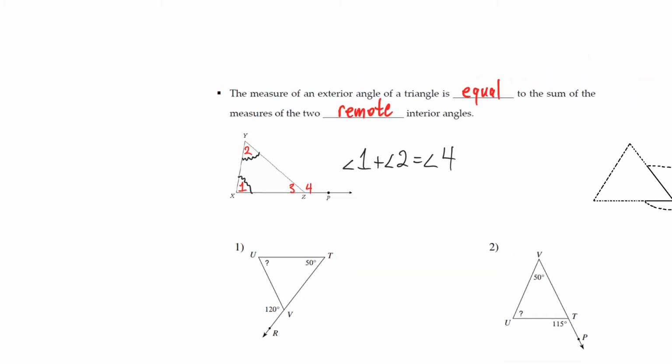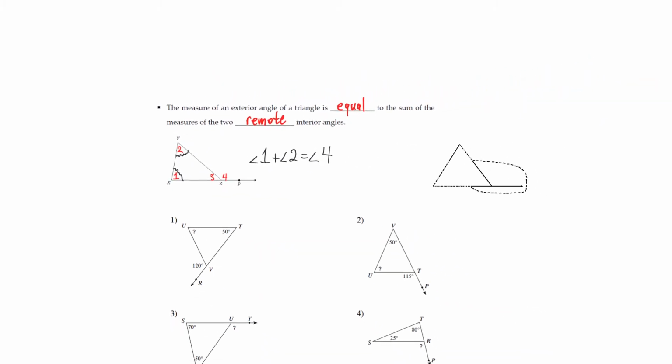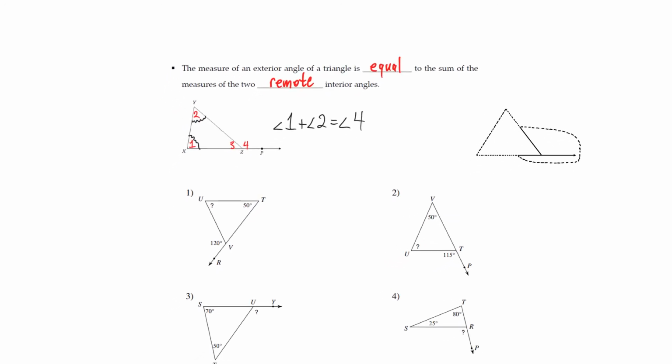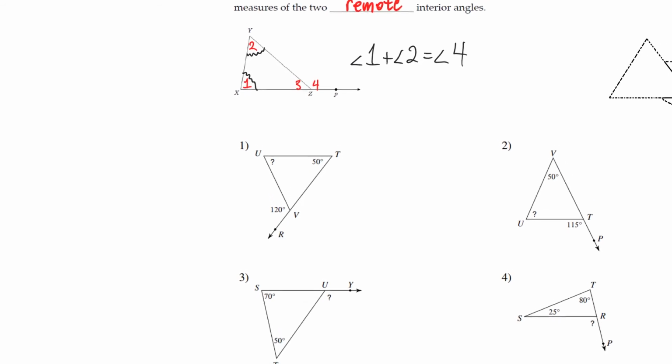I just threw this on here to remind you, this is the one that we cut out and did everything with. This is a little bit cleaner, but when we ripped this off and this off, it fit exactly inside right there. So angle 1 plus angle 2 equaled this angle 4 right here. That's what we're going to use as we go through here.